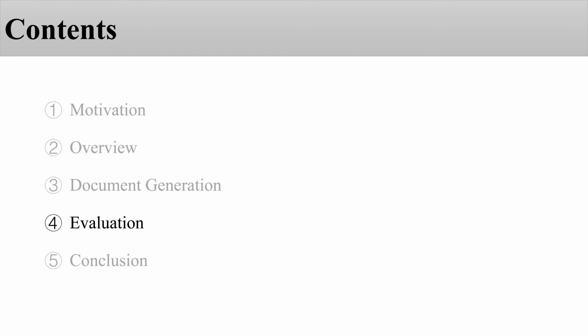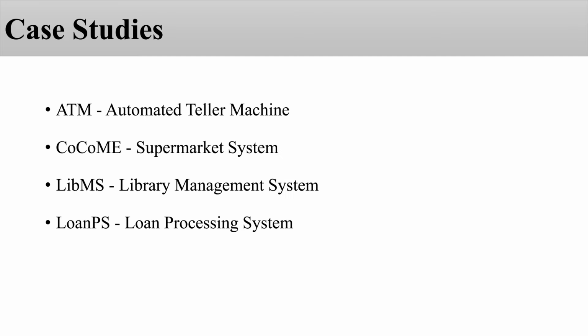This section describes the evaluation of our tool. The evaluation was conducted in 4 case studies. Those case studies are widely used systems in our daily life: automated teller machine, supermarket system, library management system, and loan processing system.